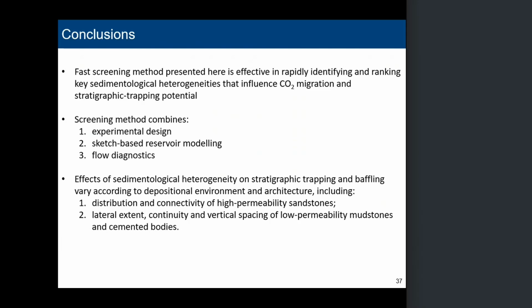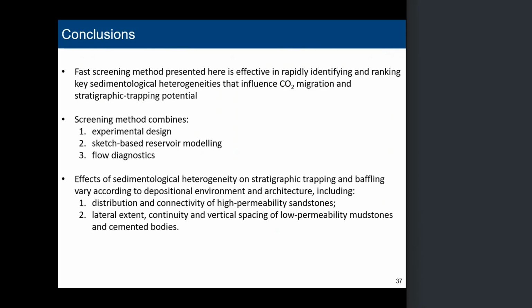Okay, to finish up, what I've shown you is, I hope, a fast screening method that can be used in short time periods by non-modelling specialists to get useful results in identifying heterogeneities which are likely to be important for CO2 baffling.